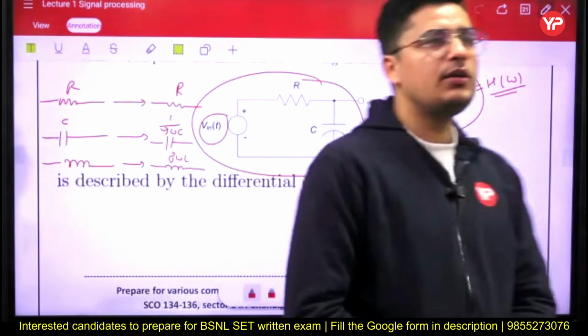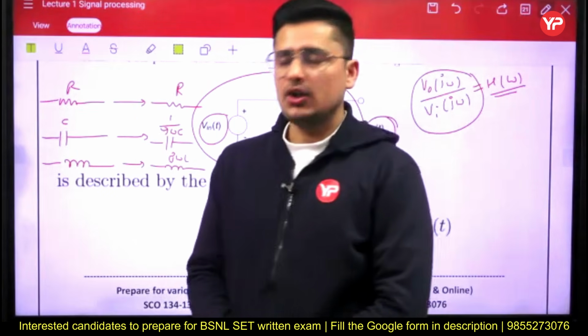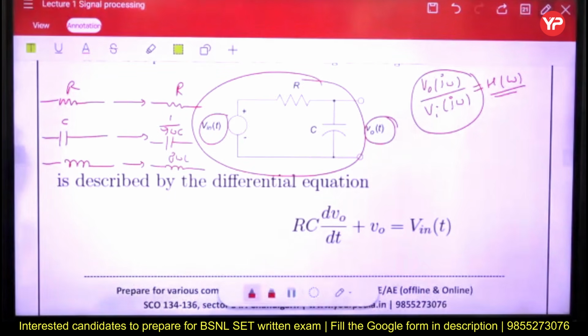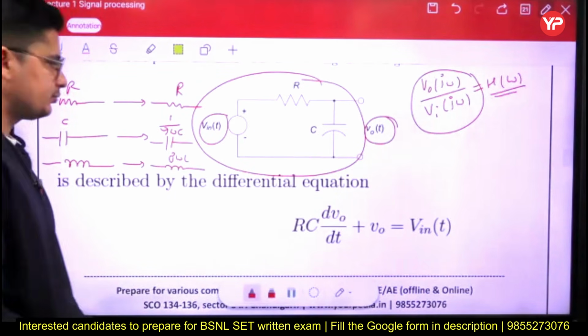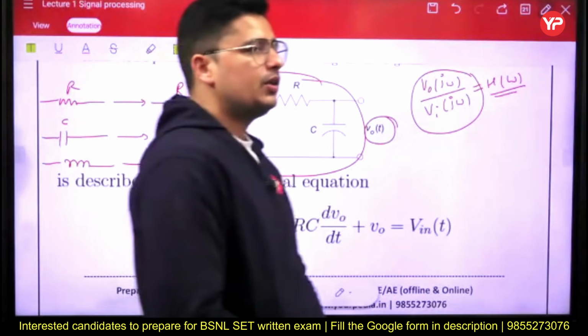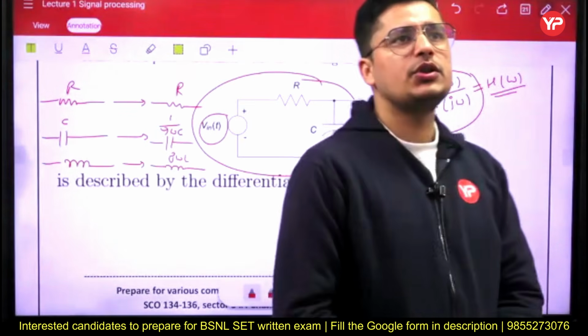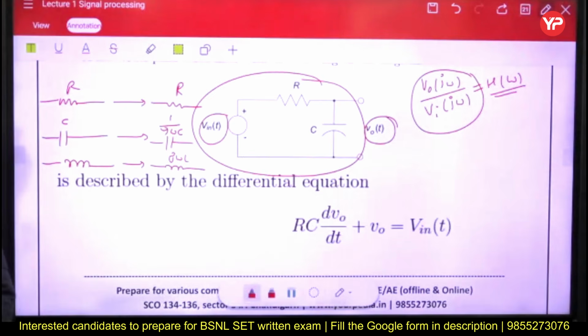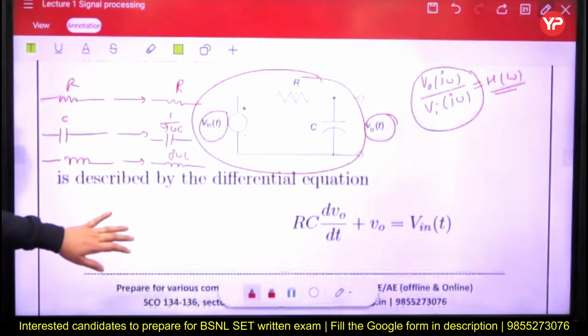The inductor will be replaced by j omega L. Capacitor will be replaced by 1 upon j omega C.